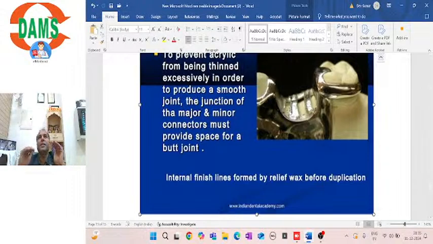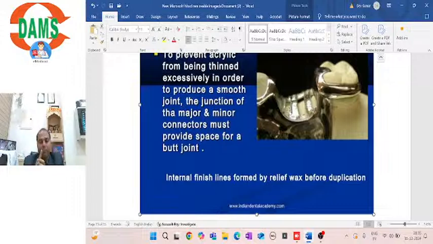The external finish line is always at an acute angle, so that the acrylic goes and gets mechanically interlocked in the external finish line, that is the acute angle. From below it is always at a right angle or butt joint.